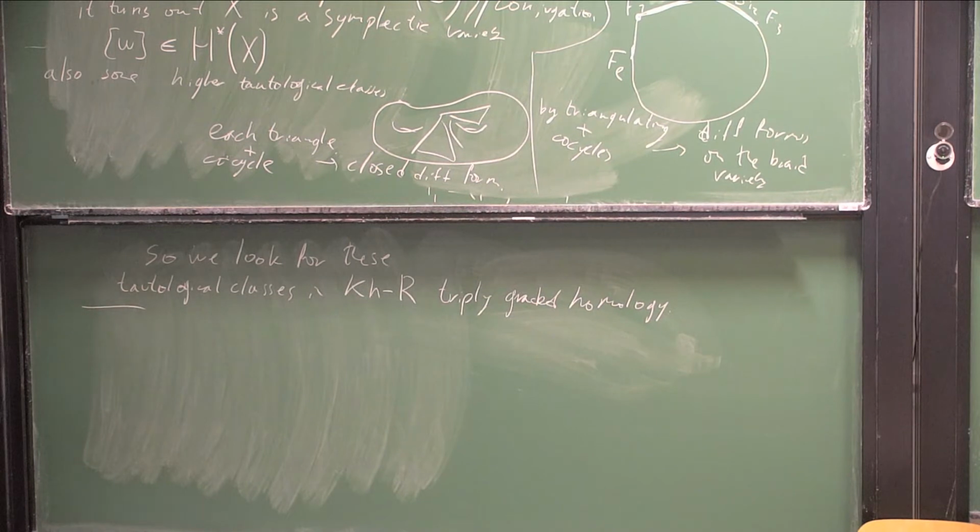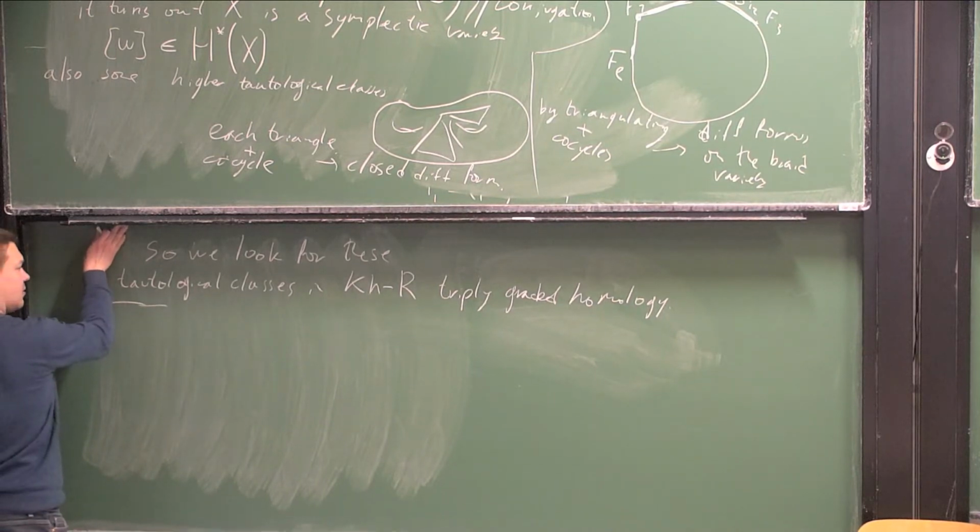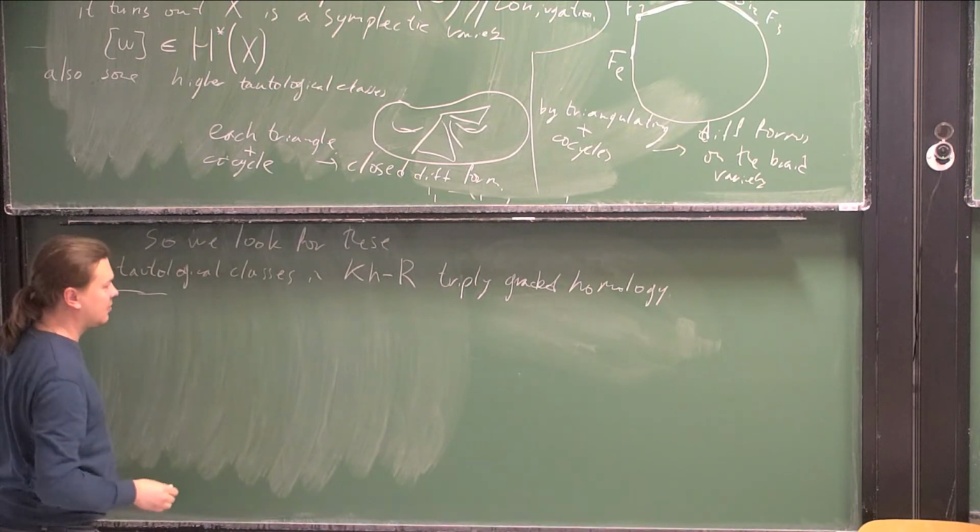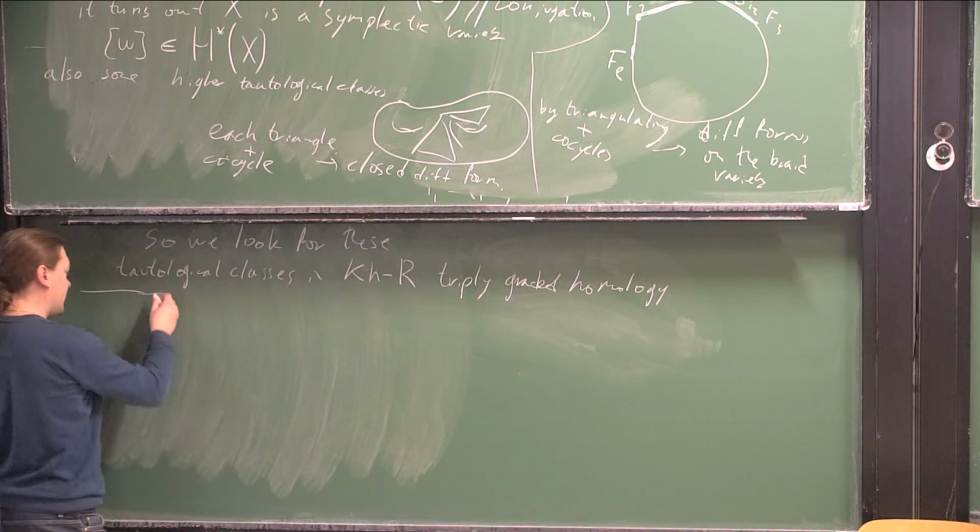I want to switch to the second questions about it. So let's construct these classes. So how do you construct 𝔰𝔩2 triply graded homology?